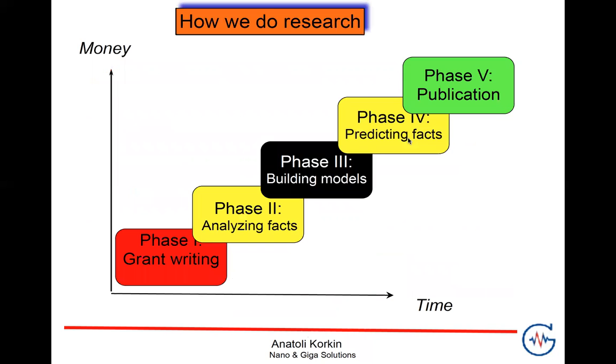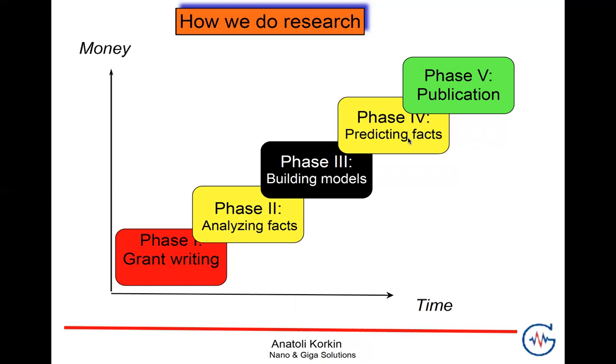Okay, so the general slides. How do we do research? First of all, it is kind of like a scale of mind, money and time. Time is money, money is time. First, we do grant writing, trying to get some money to support our research. Then prior modeling, we analyze the facts to understand what we are actually going to do and what kind of model we need.